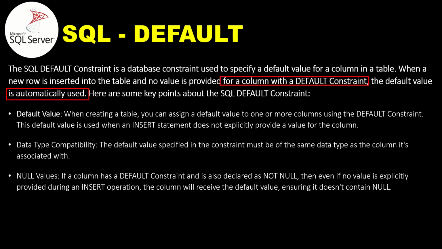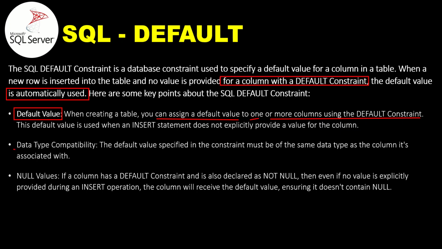If we are not providing any particular column's data and we have used a default, it will use that default value in that column. The key feature of the default value is that when creating a table you can assign a default value to one or more columns using the default constraint.